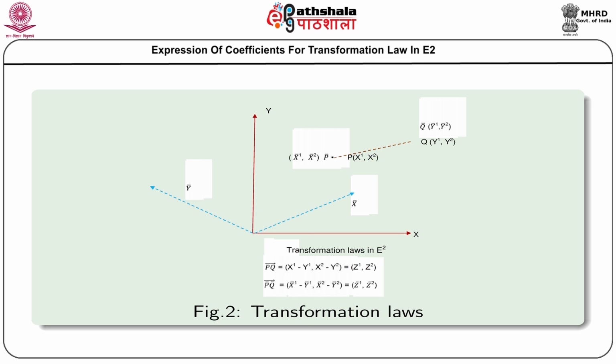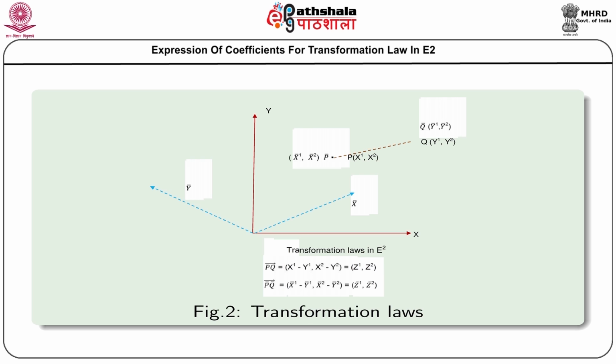Now, suppose this is the picture of the previous transformation. This is the x axis, y axis, and x̄, ȳ are the transformed coordinate axes, and the points are given as PQ in the xy coordinate system and also in the x̄, ȳ coordinate system.